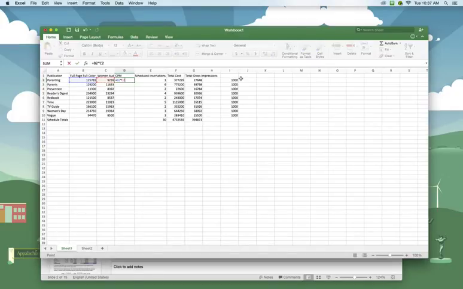I typically just make it very simple for me. Oh, I didn't do that right. It's supposed to be divided. So there we go, that looks much better.